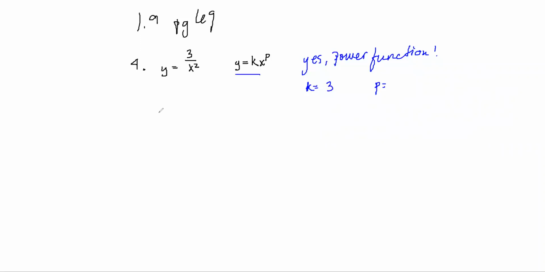So I'm going to write it in this form. I'm going to say y is equal to k, which is 3, x to the p. So what is p? -2. Exactly. The big takeaway from this is that 1 over x to the 4th is equal to x to the -4. And you should be fairly comfortable just switching these out as need be. So that is the big takeaway from this problem.